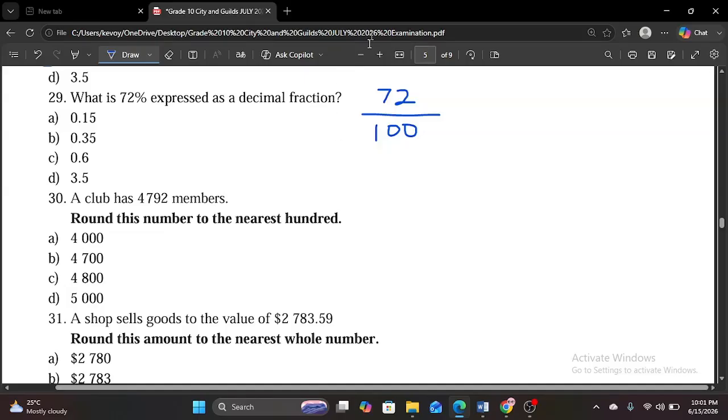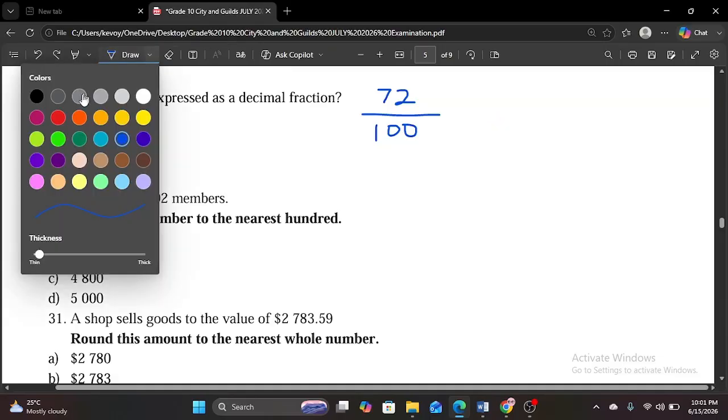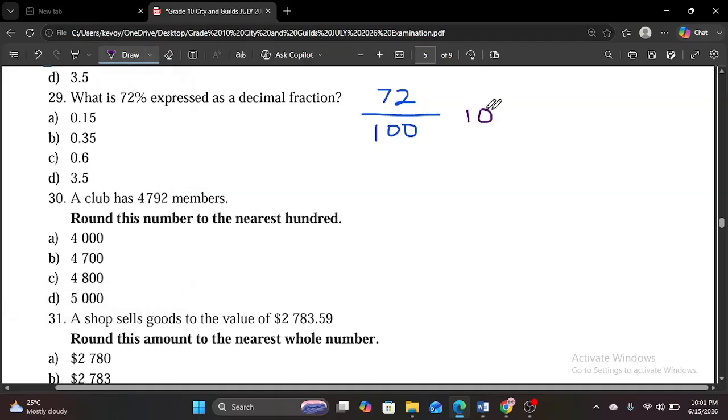So just as we did before, above, same thing. We're just going to divide. Let me change the color. So that's going to be 72 divided by 100. Okay, how many times can 100 go into 72? That's going to be 0 times. And then after you divide, you multiply.